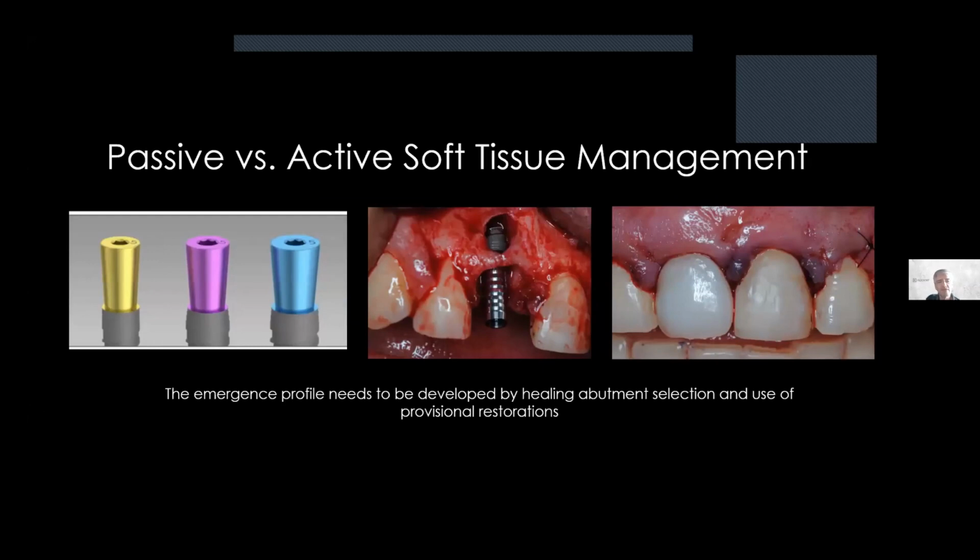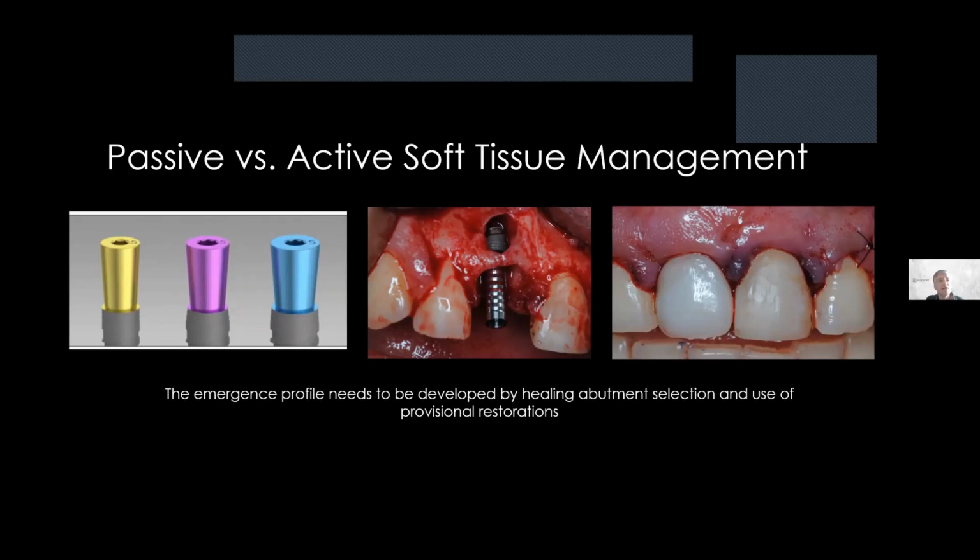We can use different types of healing abutments, not only in length, but in width and also in shape. And now we are starting to print those healing abutments. So in combination with temporary restoration abutments, we can manage our soft tissue from the beginning, but this can only be done with bone level implants.